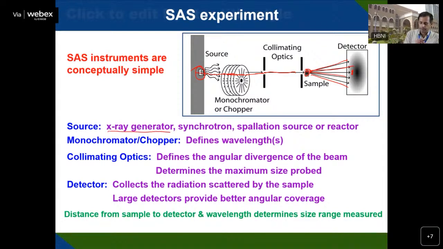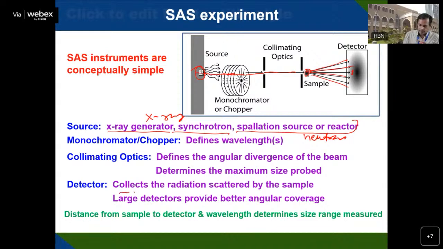The source is mainly an X-ray generator. For X-rays you can use a laboratory source or a synchrotron-based technique, but in the case of neutrons you have to use a reactor source or a spallation source. The monochromator allows particular defined wavelengths, and the collimating optics define the beam divergence, with the maximum beam size reduced by the collimating optics.